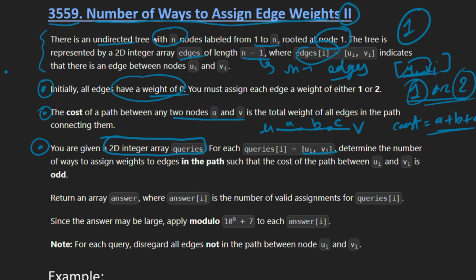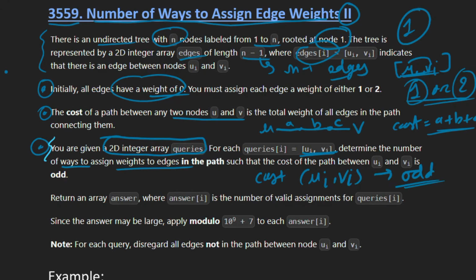Now what we need to do is we need to determine the number of ways by which we can assign weights to edges in the path ui to vi, such that the total cost of the path ui comma vi is odd, right?